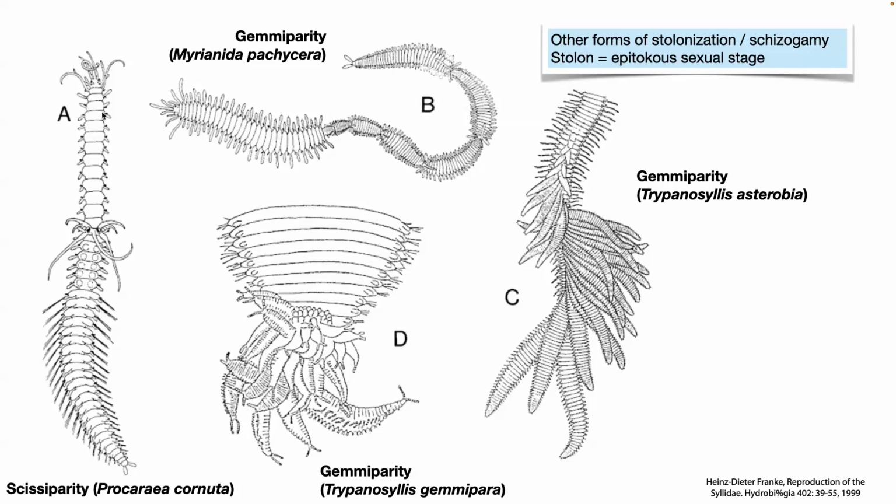If you look at this one, this is essentially a combination of what I showed you first, the stolonization, where a separate individual is forming, and reproduction, because in this case, the posterior animal that's forming here is reproductive and the anterior is non-reproductive. And this is something you can find in variations where you have more than one of these stolons forming, and there is essentially endless variation of this theme as well.